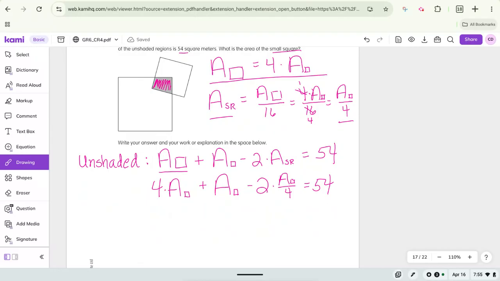All right, if I can solve this equation for the area of the small square, I'll be good to go. So I have 4 times the area of a small square and 1 times the area of a small square, and I'm adding those together. That's going to be 5 times the area of the small square minus. And I can think of this as 2 over 1, and I can simplify this to 1/2 the area of the small square.